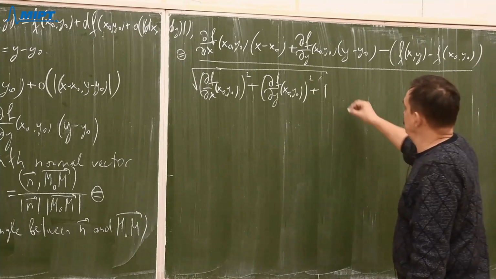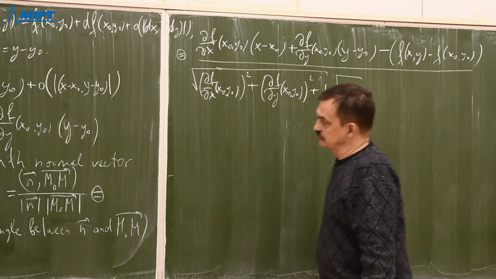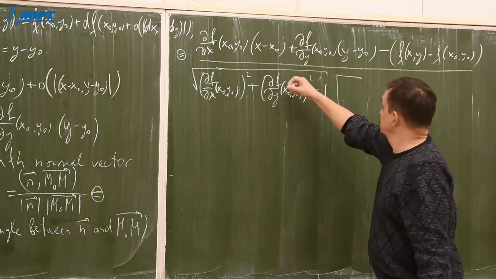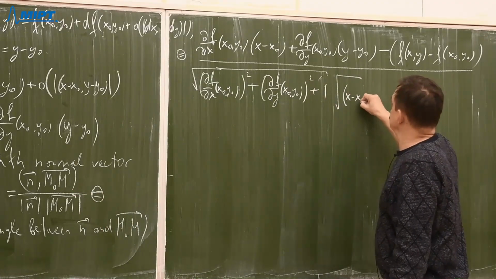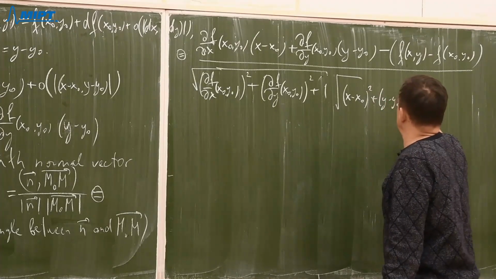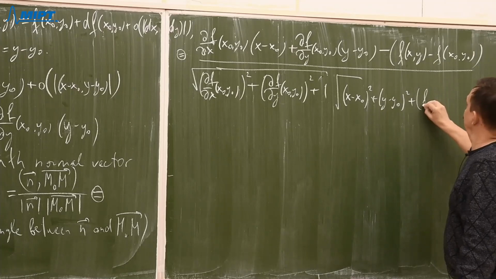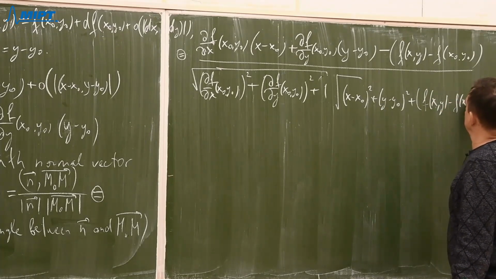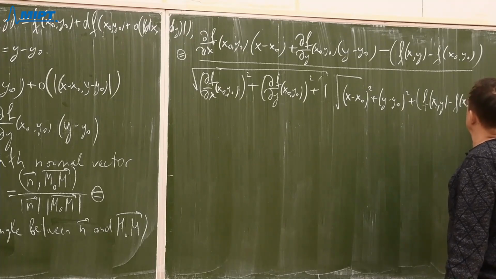And here I should write the length of M naught M, that is the square root of x minus x naught squared plus y minus y naught squared plus f of x, y minus f of x naught, y naught squared.